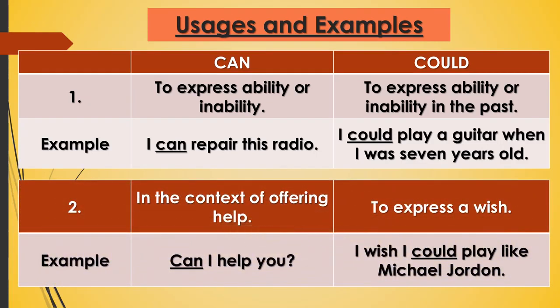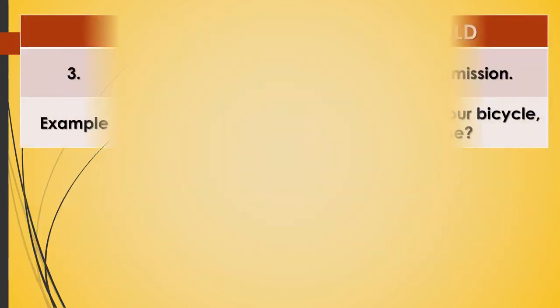Number 2. When we offer someone help or seek help from someone, we use can. For example, can I help you? To express a wish, we use could. For example, I wish I could play like Michael Jordan. Number 3.